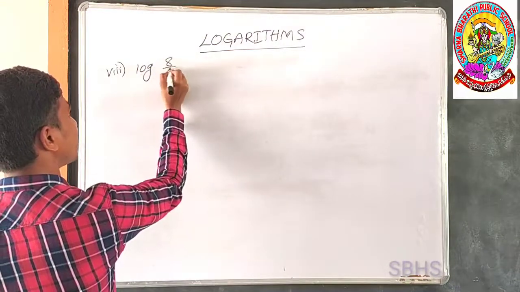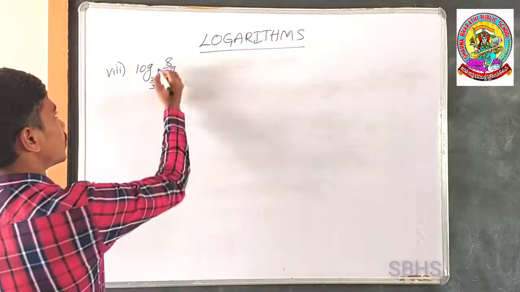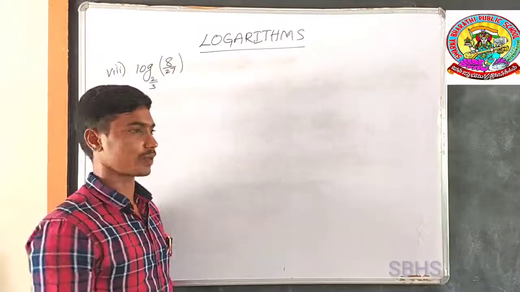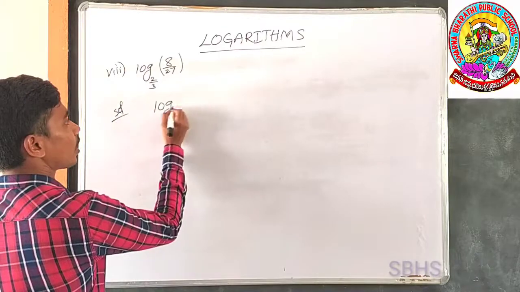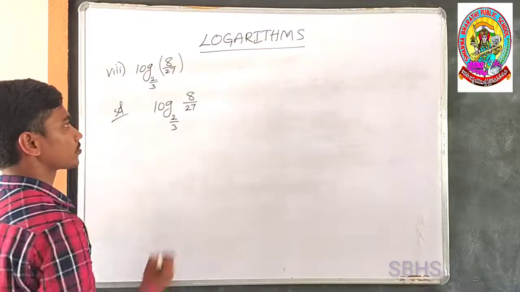Log 8 by 27 to the base 2 by 3. Find its value. Solution. Given log 8 by 27 to the base 2 by 3.